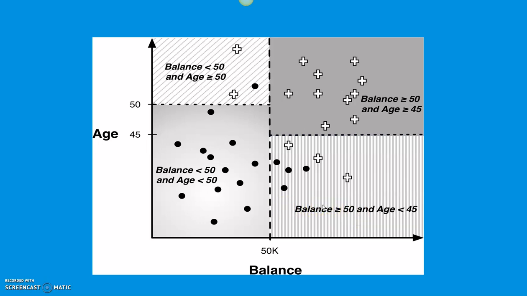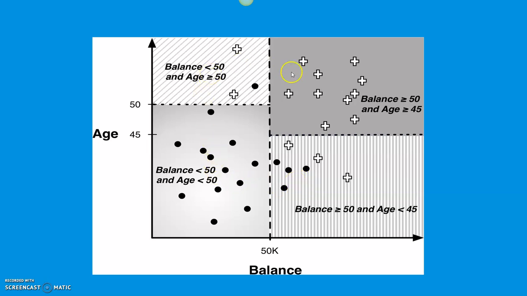For these customers, we divide them into two groups with a decision boundary at age 45, and we consider whether the age of the customer is bigger than 45 or less than 45. So the age cutoff is different based on whether the balance is less than 50 or more than 50.